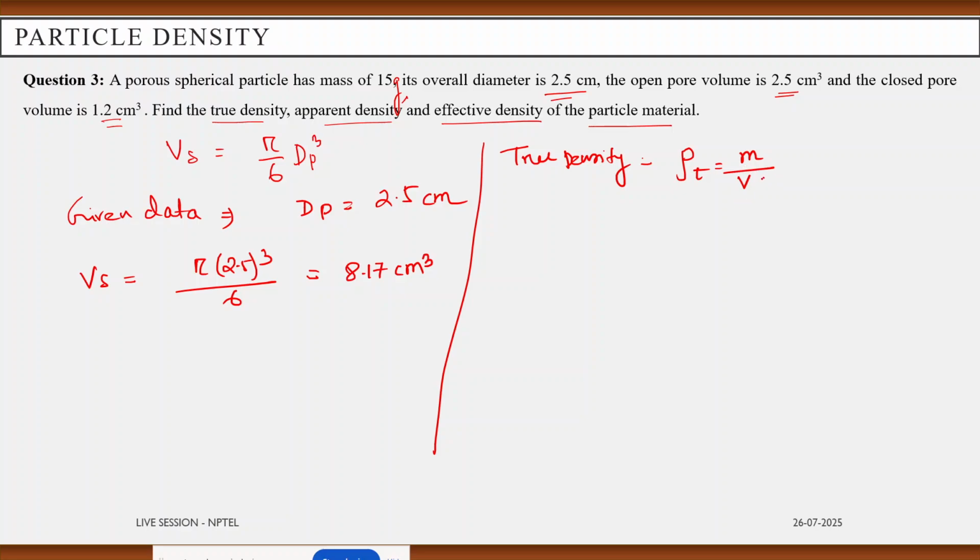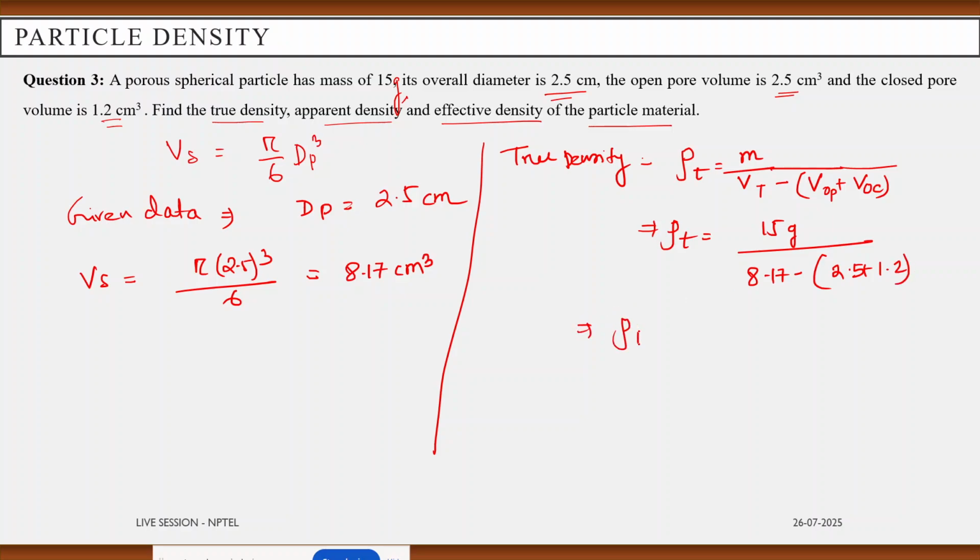This volume will be the total volume minus the volume of the open pores plus the volume of the closed pores. Mass is given. Total volume is 8.17 minus 2.5 plus 1.2. So the true density becomes 3.36 gram per centimeter cube.